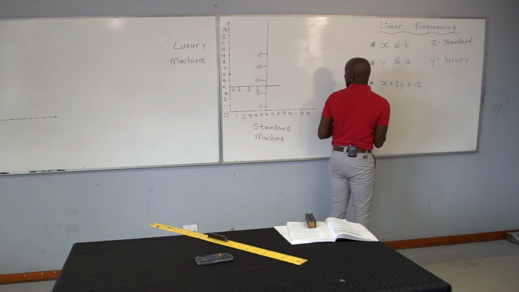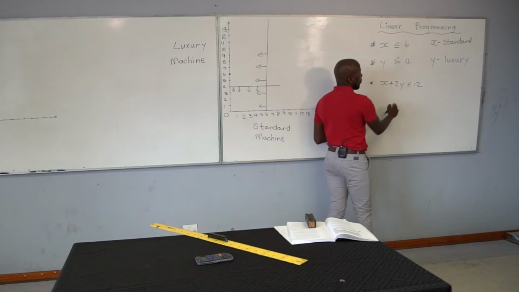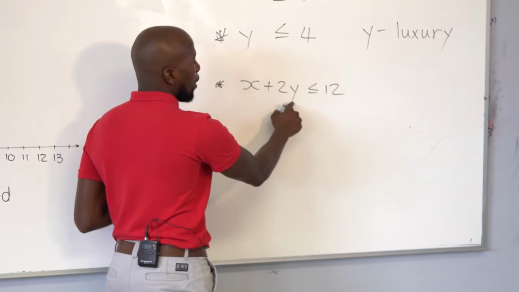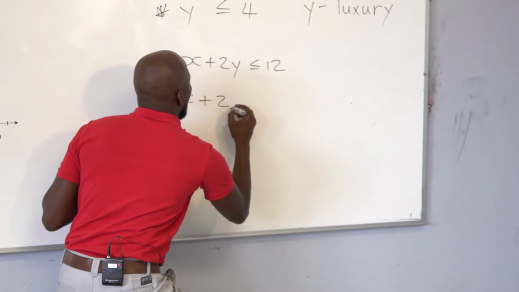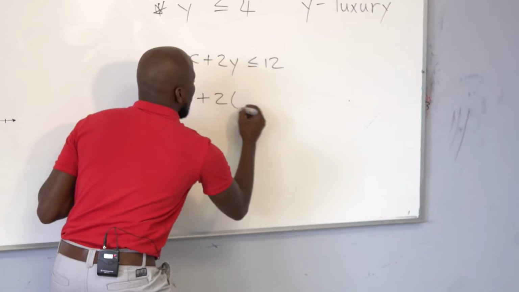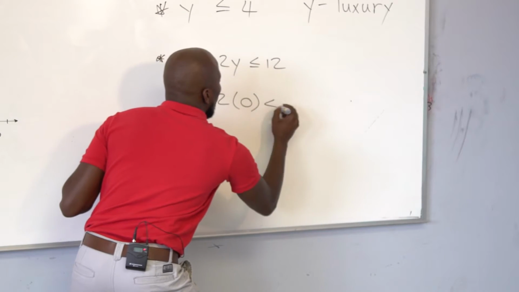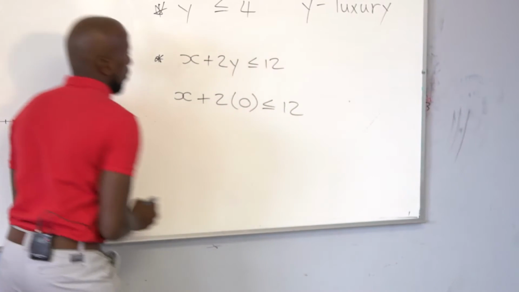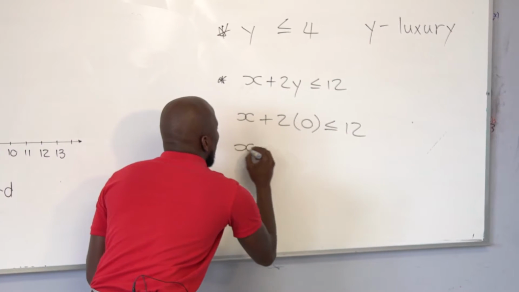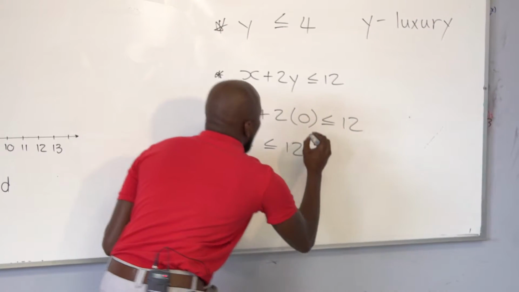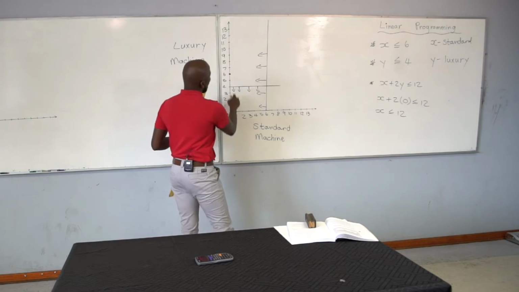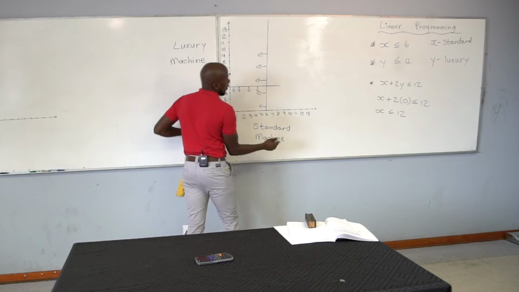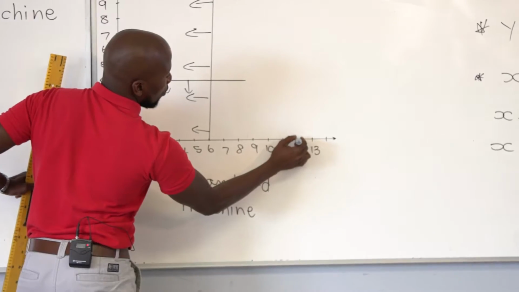We know that in order to determine the x-intercept, we simply have to equate y to 0. In other words, x + 2. Wherever we see y, we substitute with 0. That's the solution in this case. So the y-intercept will be 6. The x-intercept will be 12.